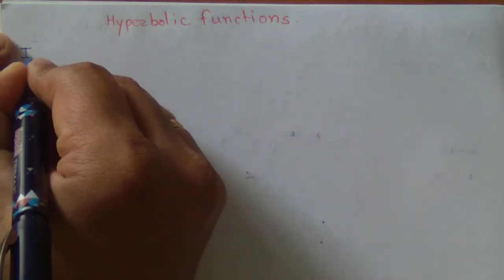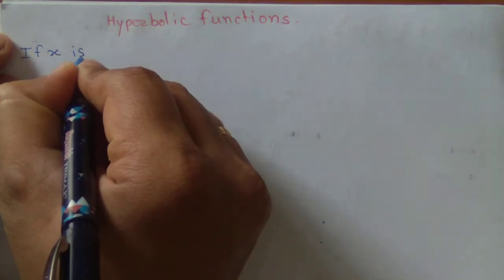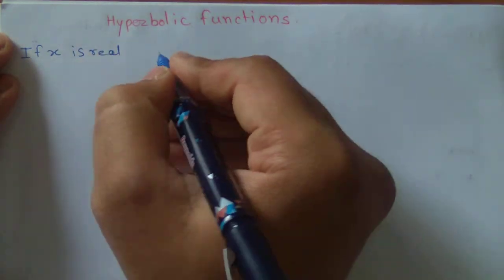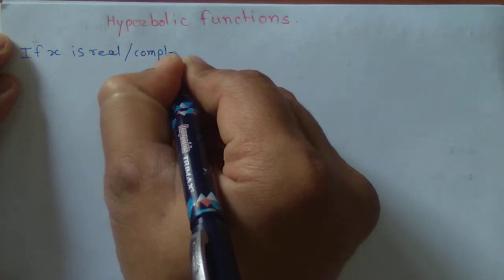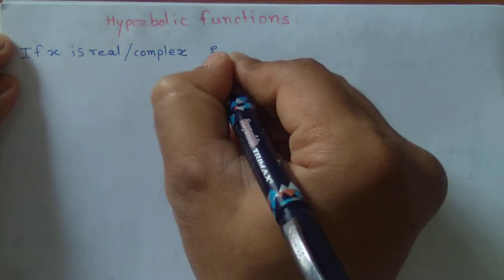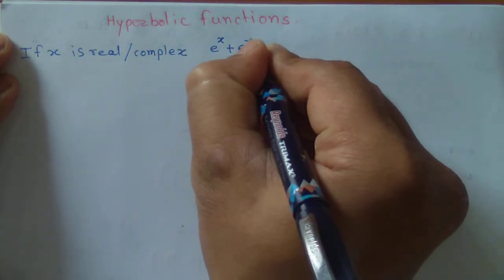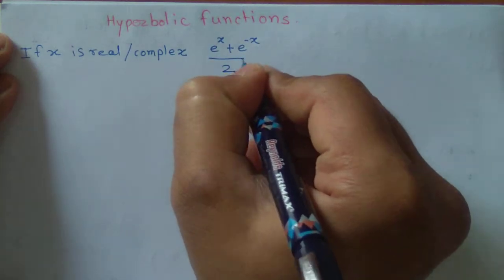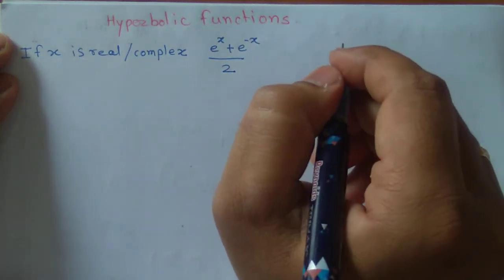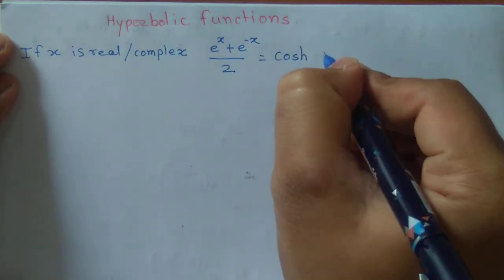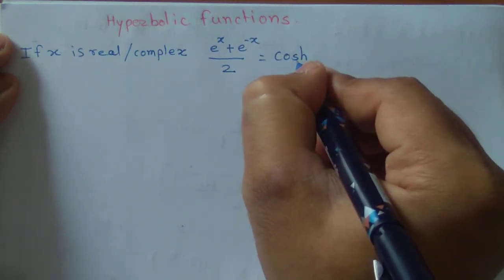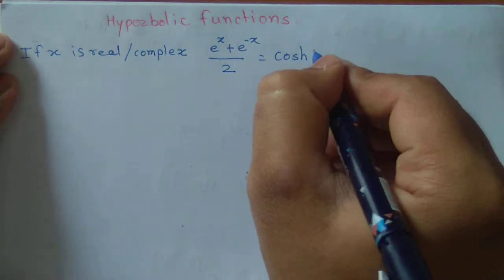Okay, so if x is a real or a complex quantity, then (e^x + e^-x)/2 is called the hyperbolic cosine, which is denoted by cosh, where cos is cos and h stands for hyperbolic.